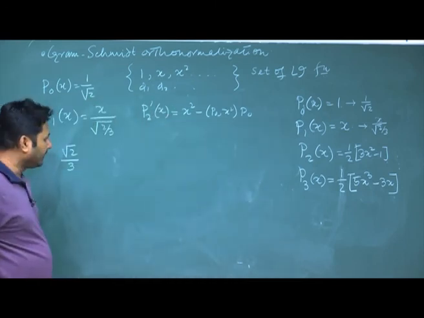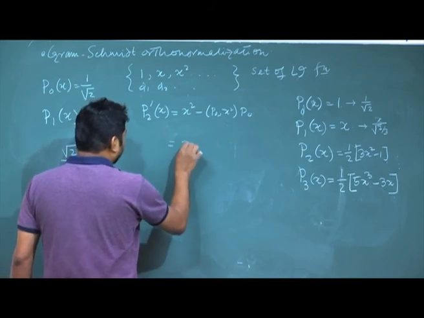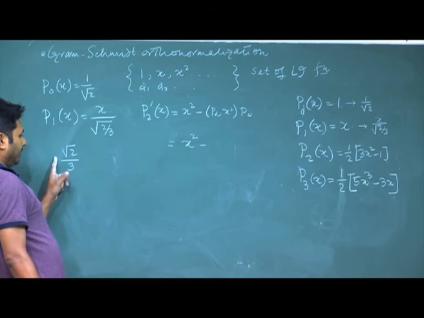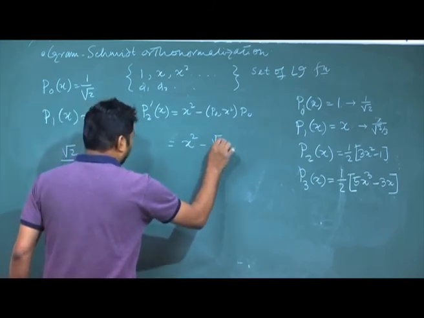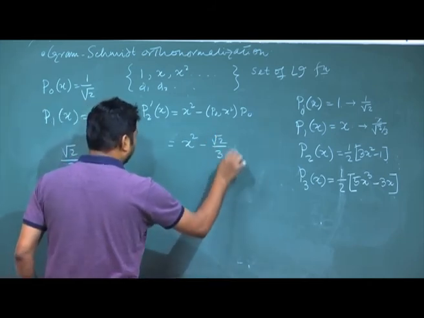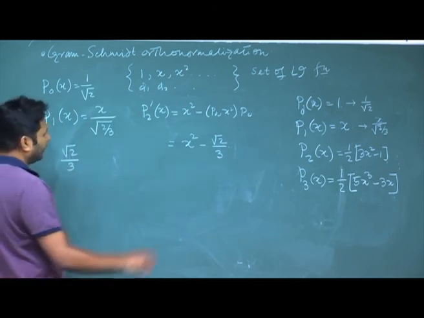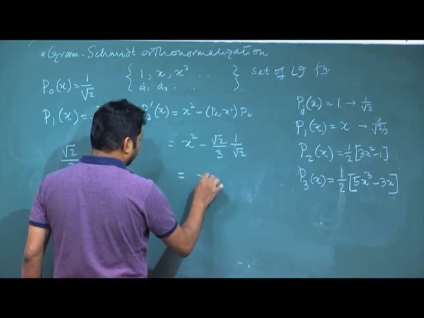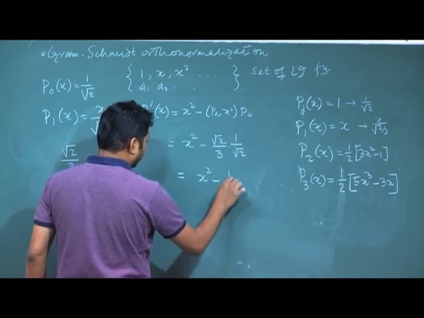So, finally, what value am I getting for P2? I am getting x square minus this quantity, the inner product, which is root 2 by 3, times P0. P0 is my 1 by root 2. So, I will have x square minus 1 by 3.